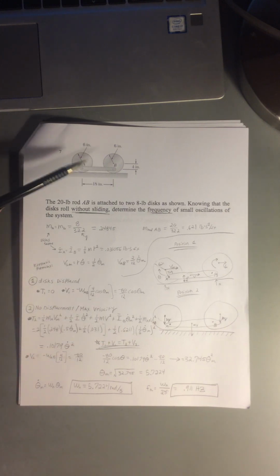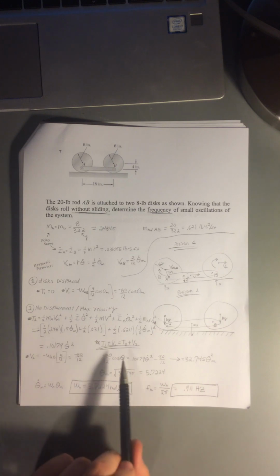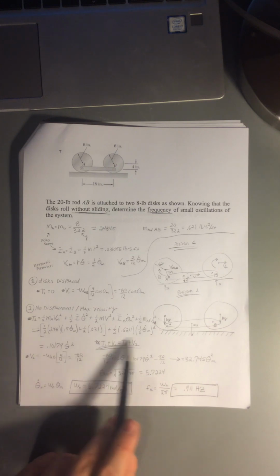Since we know that these disks are the same, we can combine these 2 terms with these 2 terms and just multiply by 2, and then this is for the rod. Plugging all of that into our calculator, it simplifies really nicely to this right here.